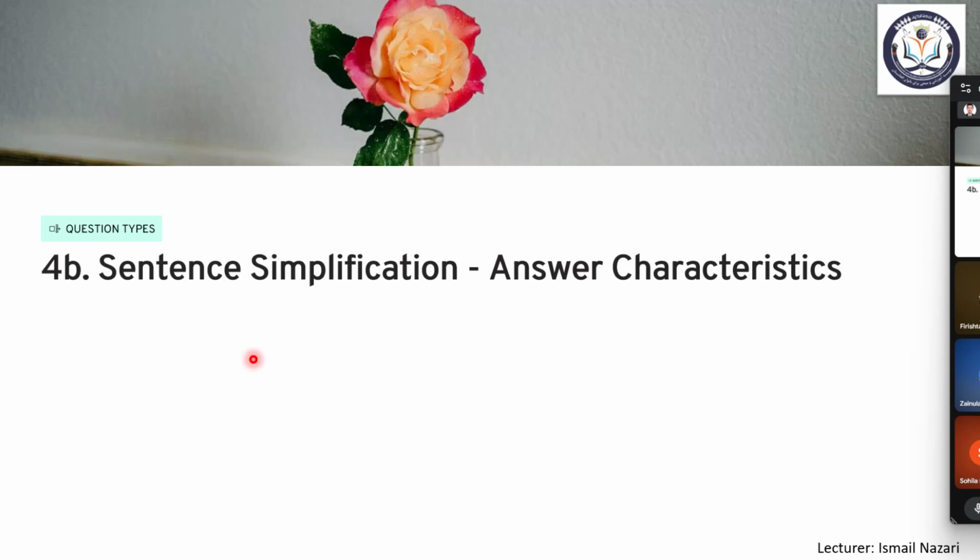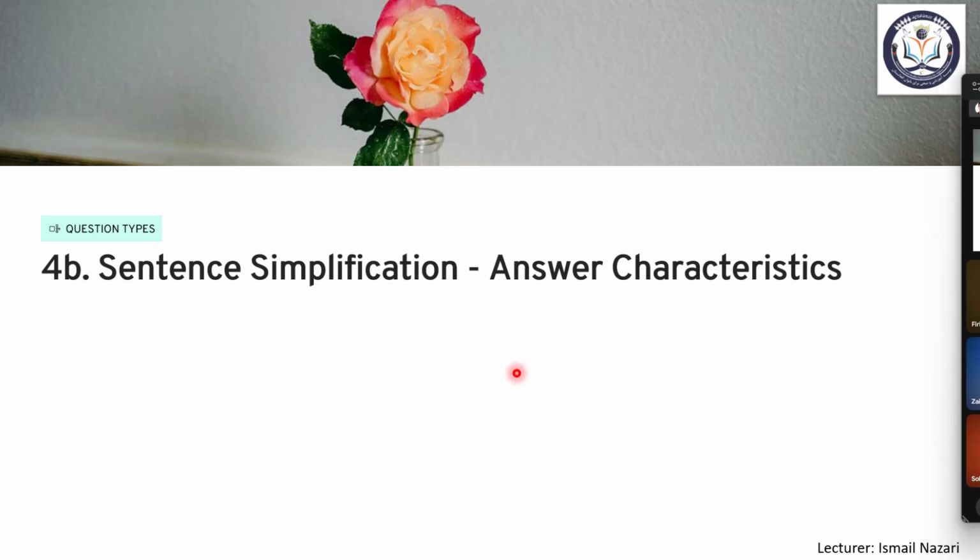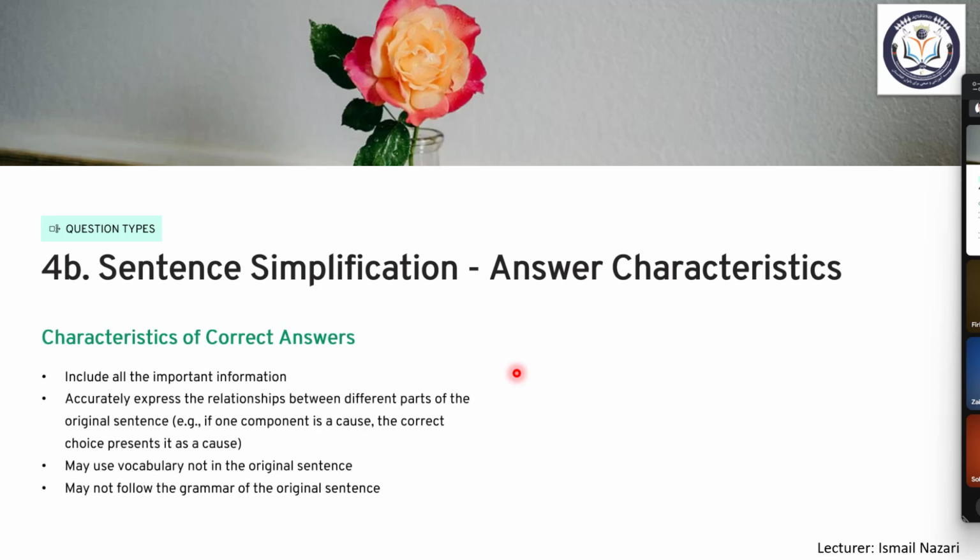So in this session, we will work on sentence simplification and the answer characteristics that we might have for a sentence simplification question. First of all, the characteristics of the correct answers, what the correct answers will usually include.